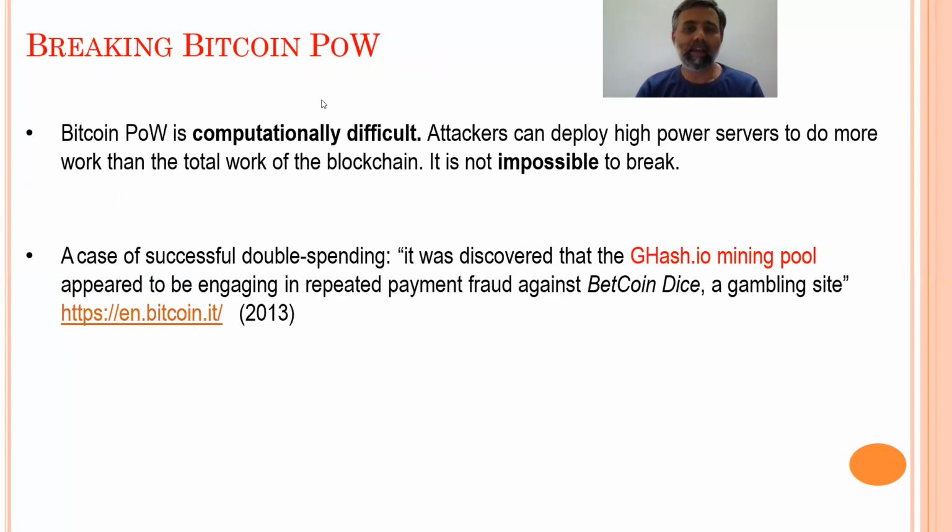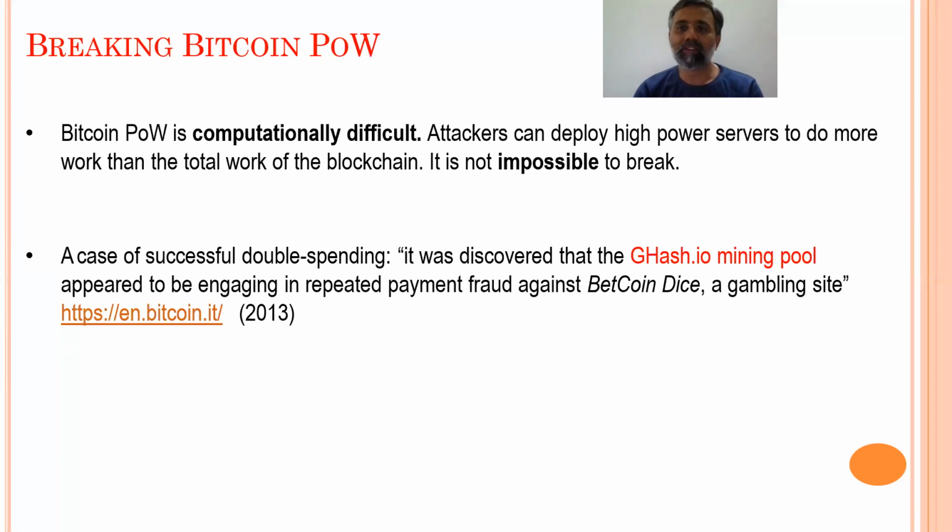Now, as I said, it is computationally difficult to break the Bitcoin proof of work, but in future it is possible. We cannot say that it is impossible to break the Bitcoin PoW.